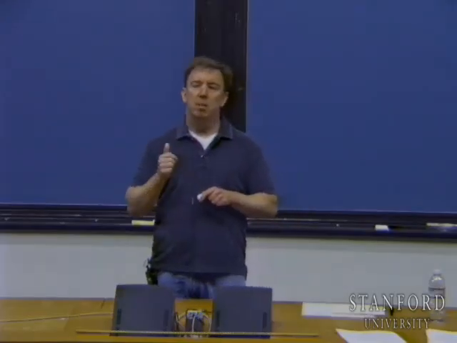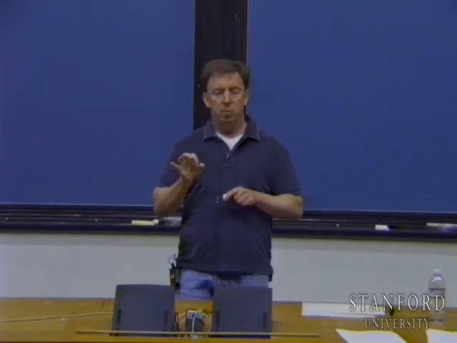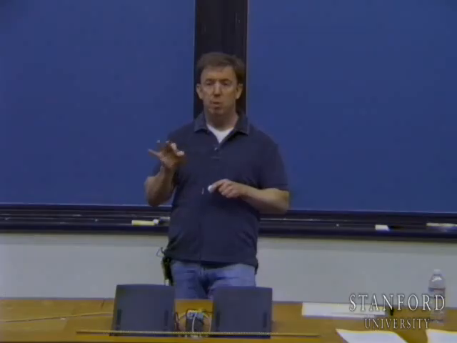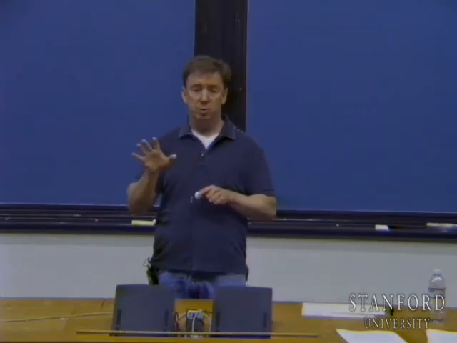I saw him give the talk about 3 months ago, and at the time I was watching him give it, I said, this is exactly the type of talk that helps motivate the beginning 4 weeks of CS 107.